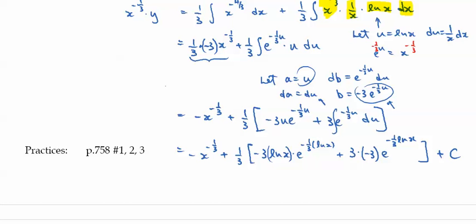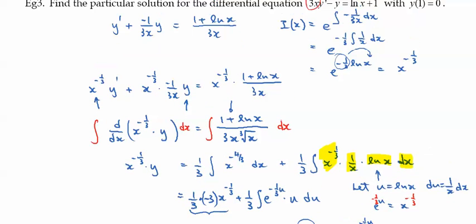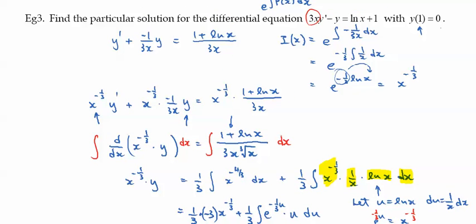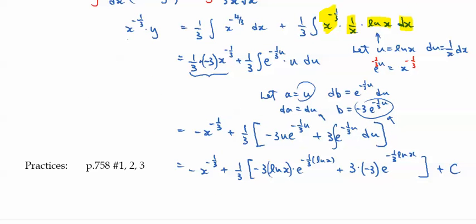So now, using the initial value, we go back to the beginning with x equals 1 and y equals 0. When we have x equals 1 and y equals 0, the left hand side will then be 0. And when x equals 1, that's negative 1. And here 1/3.